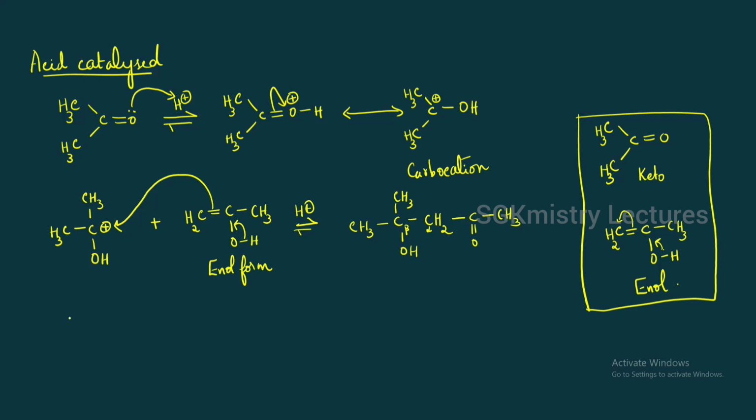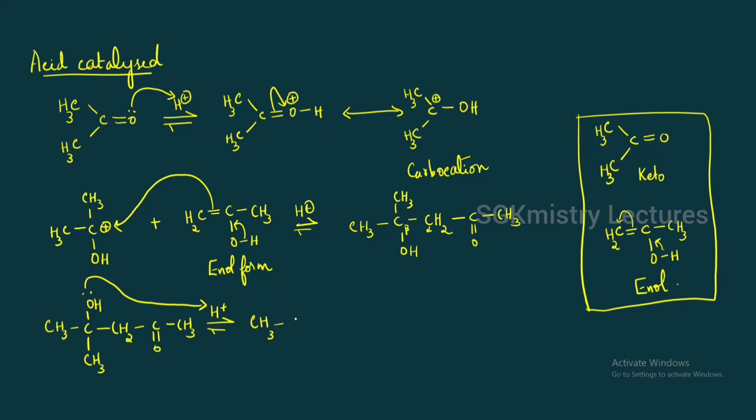Now there is next step where the CH3, COH, CH3, CH2, C double bond O, CH3 in the presence of H plus, you're going to get, now this lone pair of electron attacks this H plus.